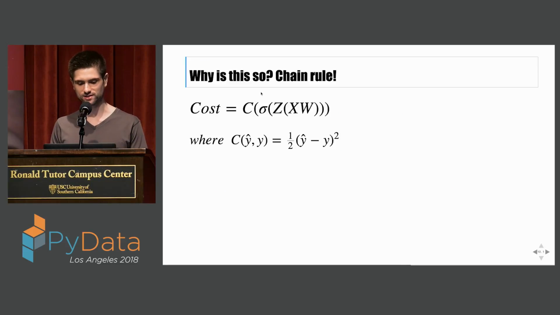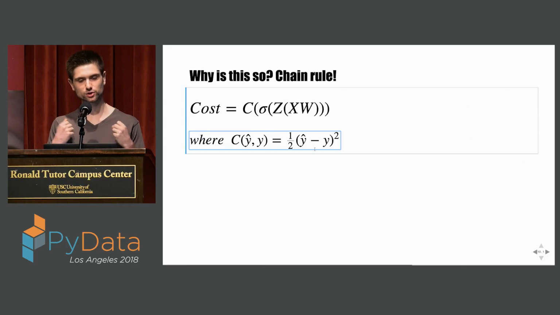That may not be a surprise to some folks, but it means that somewhere in the output, when we do this chain rule calculation, we take the derivative of c with respect to sigma, then the derivative of sigma with respect to z, then the derivative of z with respect to w. Because ultimately what we want to do is get this information to w, through the gradient to these weights. So we have to keep taking the derivative until we get to w.